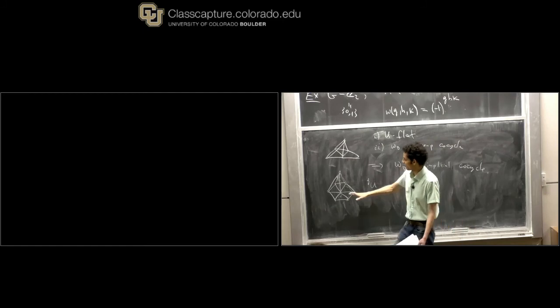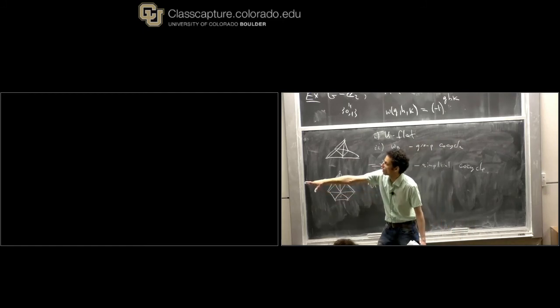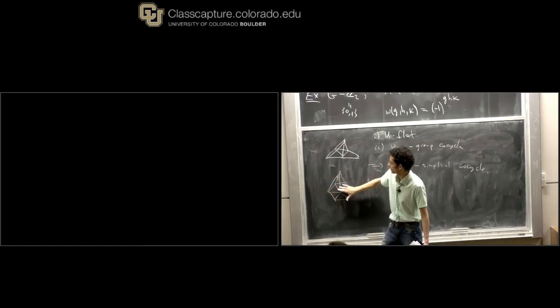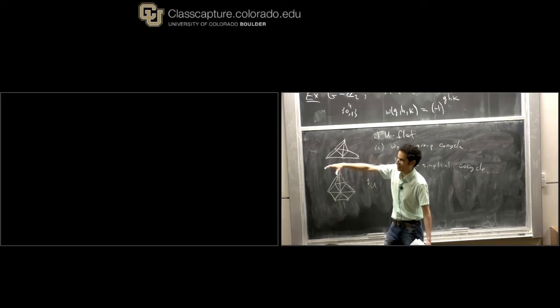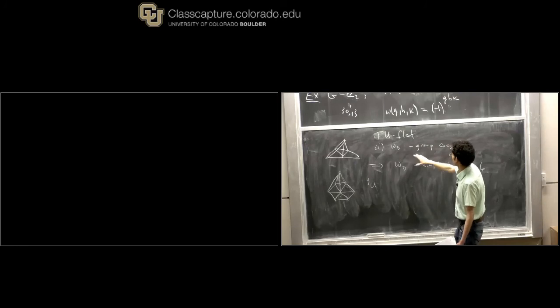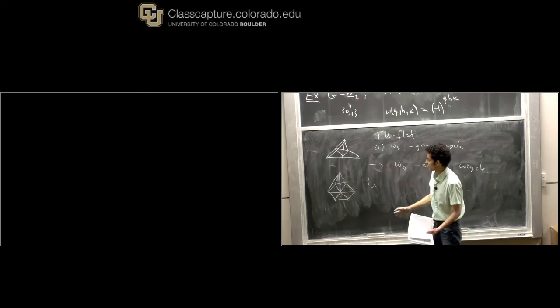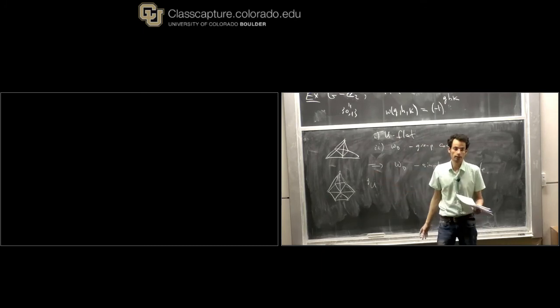And that means that if I integrate my omega over the bottom of this, where my U is not gauge transformed, it's the same as integrating omega over the top of this, where my U is gauge transformed. And because omega is closed as a simplicial cochain, those two integrals are the same, so that proves gauge invariance.